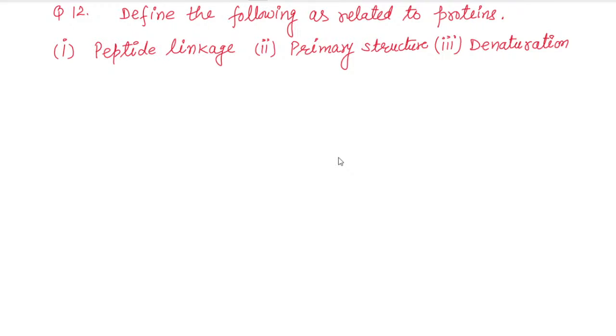Let us take an example. We have glycine, the simplest alpha amino acid: NH2CH2C double bond O OH, right? This is glycine.